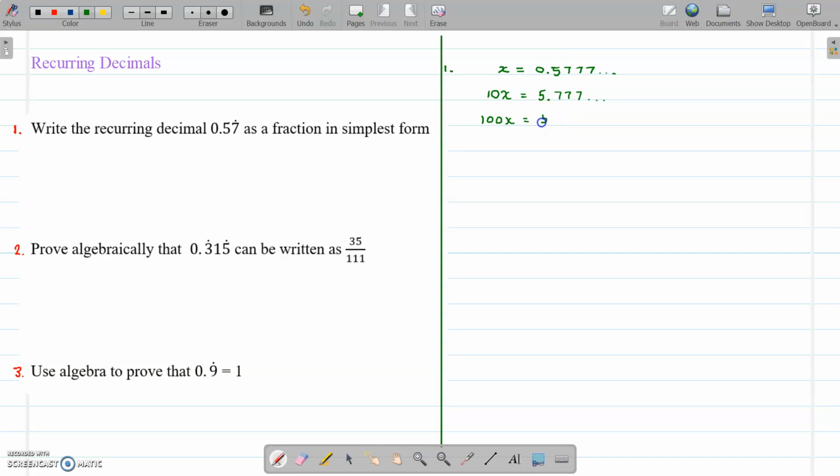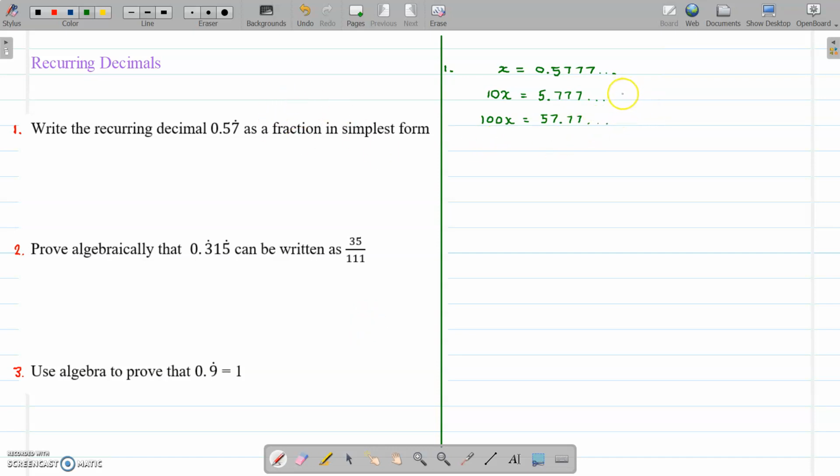So timesing the last one by 10 would give me 57.77 and so on. Now, if you look at the previous one and this one I've just written down, the decimal part is 0.777 in both of them. So I stop there and I link those two together.